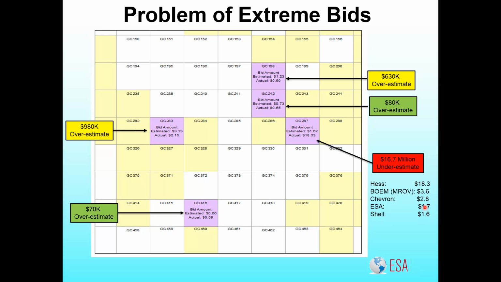Chevron went a little bit higher than that. Bohm came up with their MROV as 3.6 million, so even higher than all that. And then Hess said, I really want that block, basically no matter what, bid a very large amount and got it. And I'm sure they did the economic analysis to determine that they would eventually make that money up on this block.